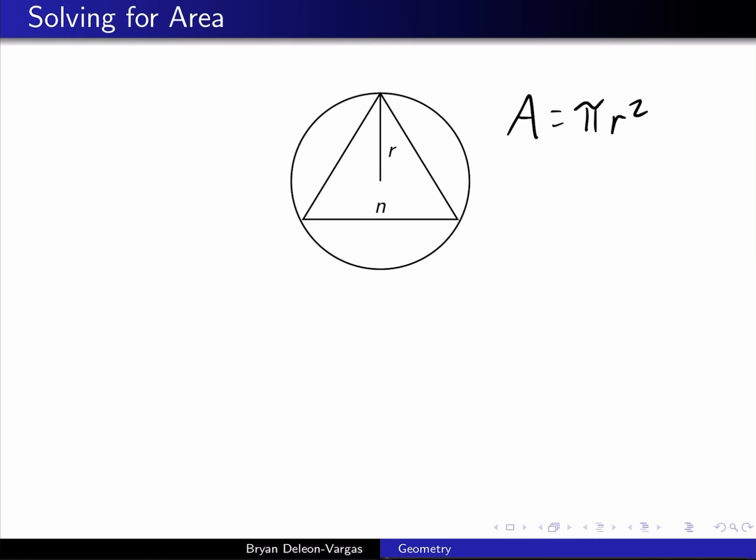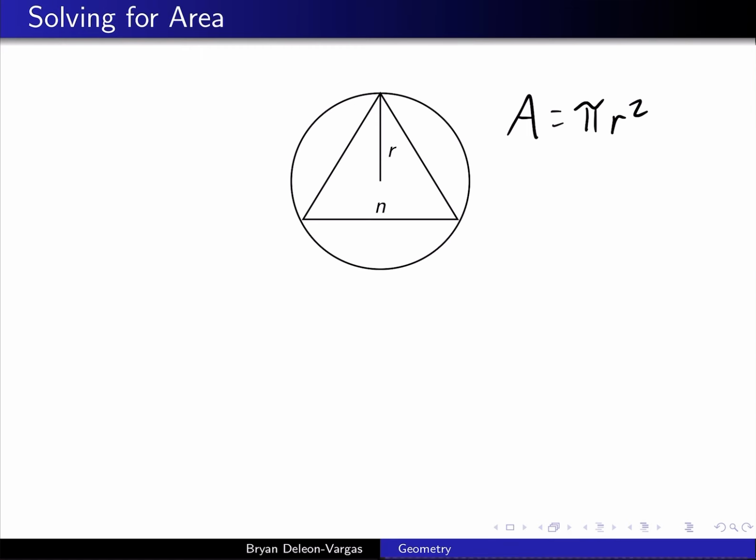There we go. Now, we don't know this value r, it's unknown, but we do know that n is known. It's a variable that we're using here, whether that be 1, 1,000, a million, we'll just leave it as n, that's fine. How can we solve for r using what we know about this equilateral triangle?